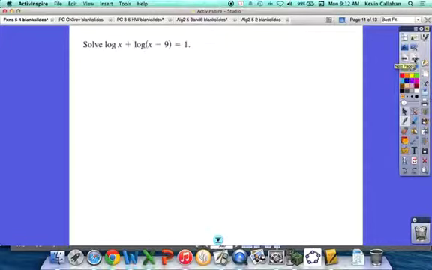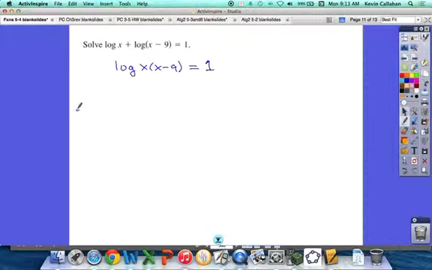So what do you think we'll do to start this one? Based on what we did on the last one, you can use a product property to combine into one, right? When we do that, it'll look like log of x times x minus 9 equals 1.